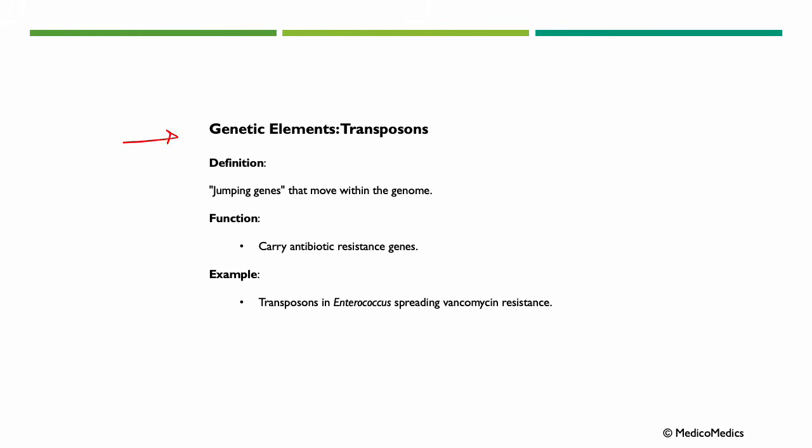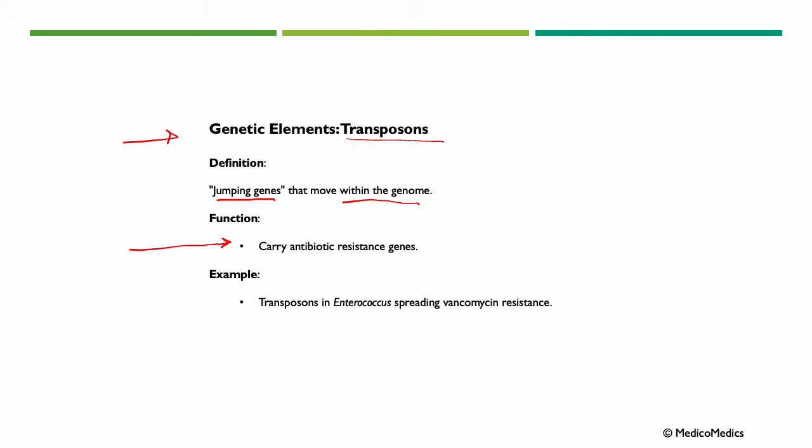Now, genetic elements: transposons. Transposons, also called jumping genes, are mobile genetic elements that can move from one location to another within the genome. Unlike plasmids, they cannot replicate independently, but they can integrate into chromosomal DNA or plasmids.